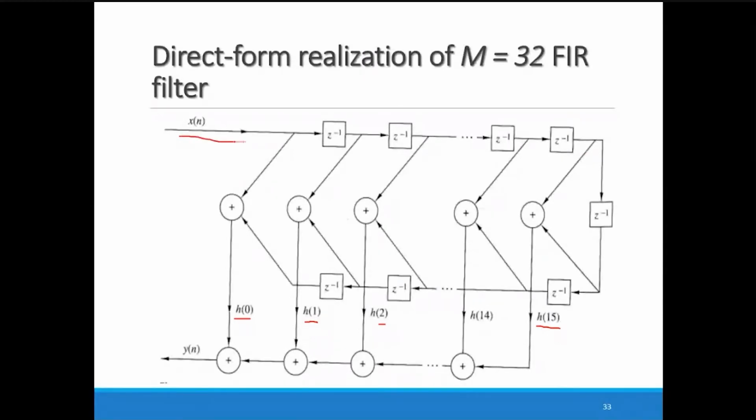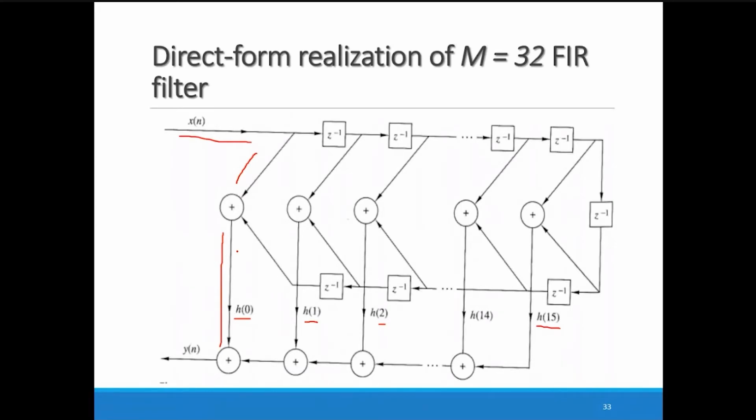First, x of n is given, which is added, and then it is passed through the h0 coefficient. So this will be your first coefficient. Then x of n delayed by 1 unit gives x of n minus 1, which is added over here and multiplied with h1. You get the second coefficient. Similarly, you get the symmetrical coefficients also, because here h0 to h15 are utilized for the remaining values.